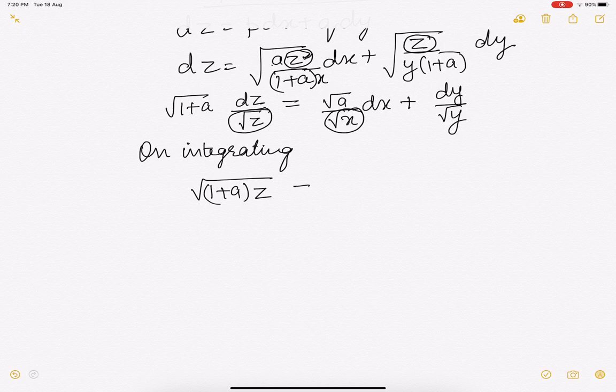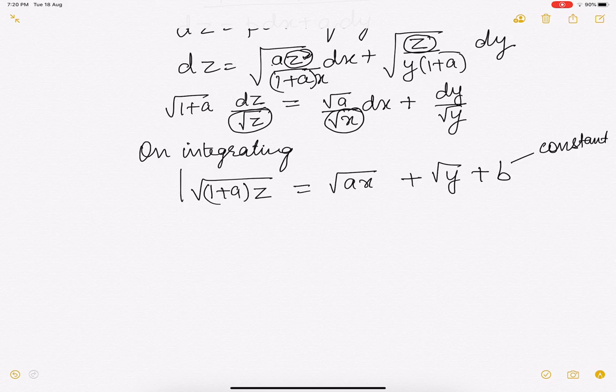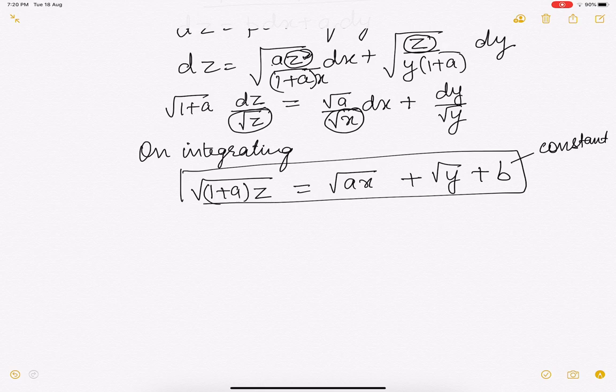So we have this as root a times root x plus root y plus some arbitrary constant. So this is the required answer for this particular question.